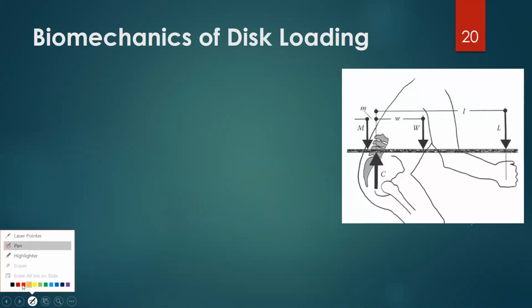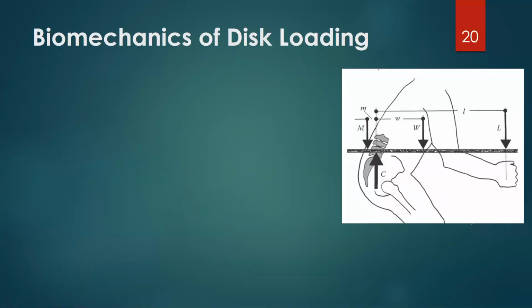So we will take a simple example of a person who is holding a weight or load, we call it L, in front of his body. And we are focusing here on the intervertebral disc somewhere over here. So that will be the L4, L5 intervertebral disc.